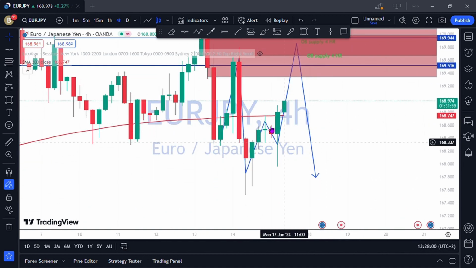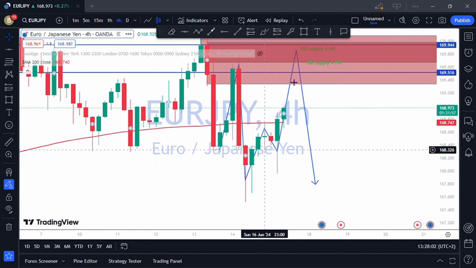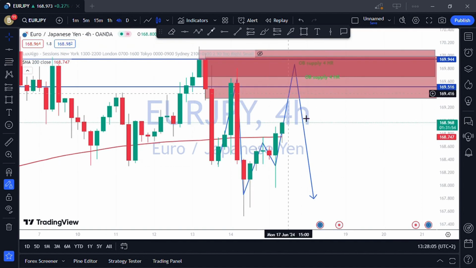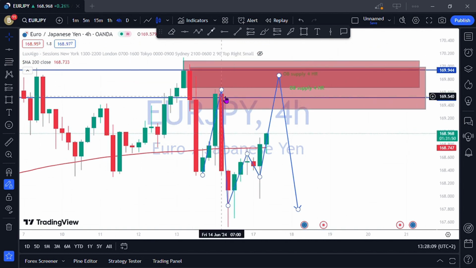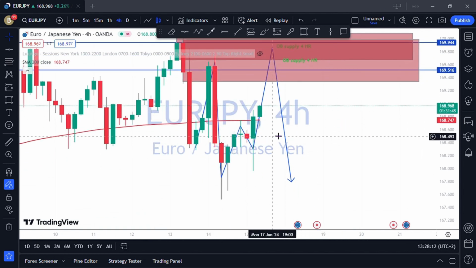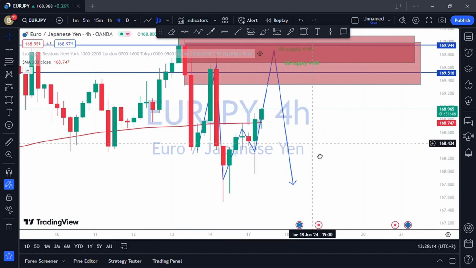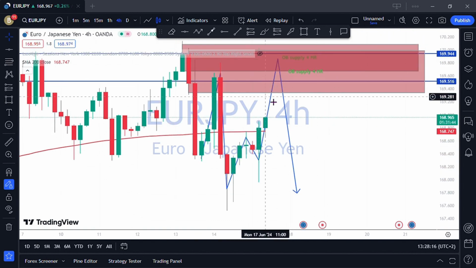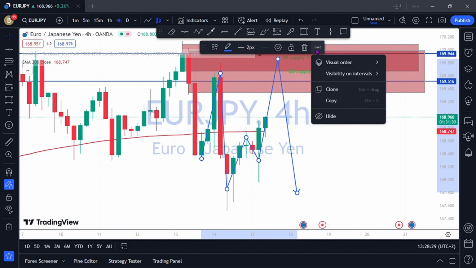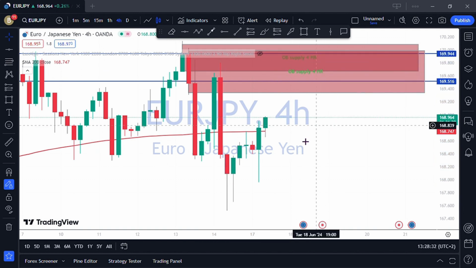So what we'll be looking for is price to come into this area and show some rejection candlestick, which will be the bearish rejection. For right now, since I'll be scalping on this time frame, I'll buy from this area right here, and here's the reason why I would consider buying.